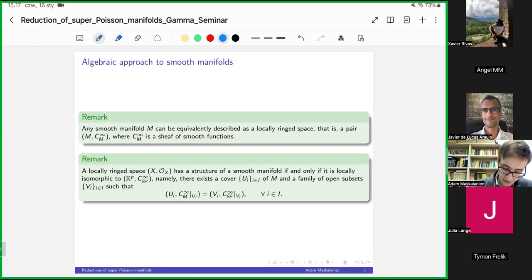So we know that any smooth manifold can be equivalently described as a locally ringed space, that is a pair M and C infinity M, where M is our manifold viewed as a topological space, and C infinity M is a sheaf of smooth functions on M. Namely, it is a functor that assigns to each open set on M a ring of smooth functions on M. And it is a sheaf because this assignment is compatible with restrictions.